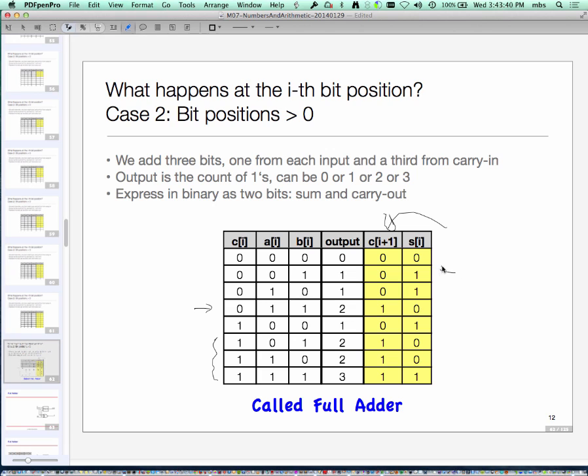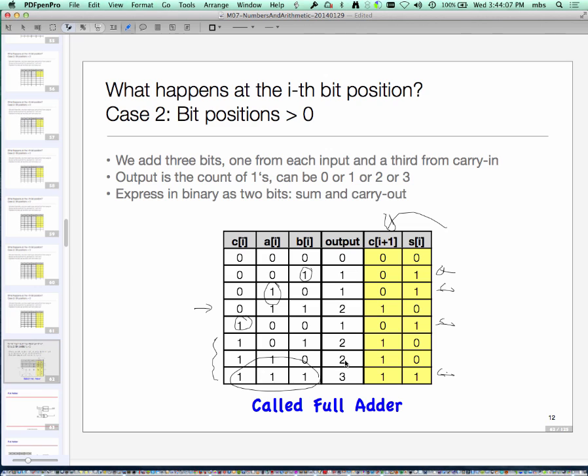It's 1 here, it's 1 here, it's 1 here, and it's 1 here. In this first case, only BI is 1. So we have a single one. In the second case, AI is 1. In the third case, CI is 1. And in the fourth case, all of them are 1. Okay, so sum is high when either one of the three inputs is high or all three of them are high.